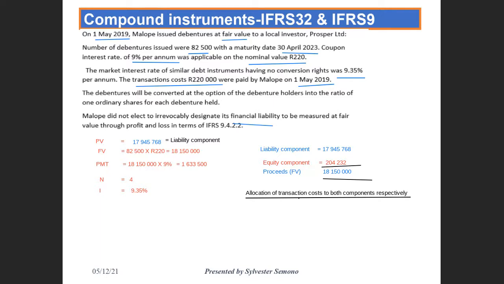So can you see now? The liability component, obviously, I'm going to take this 17 million and divide by the total proceeds.